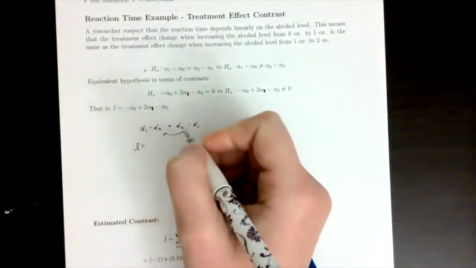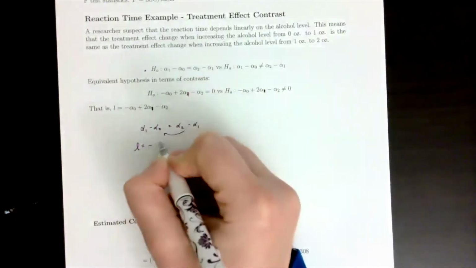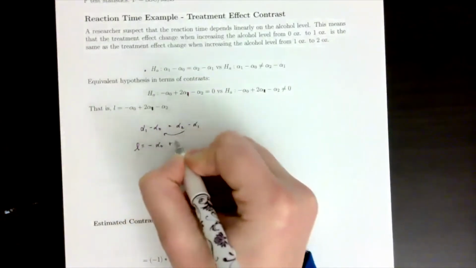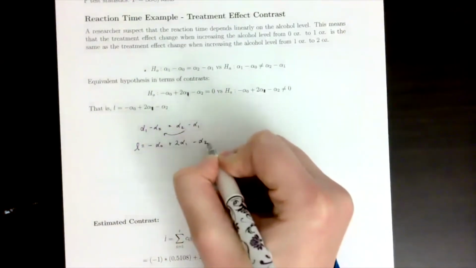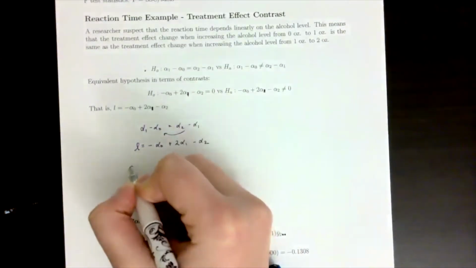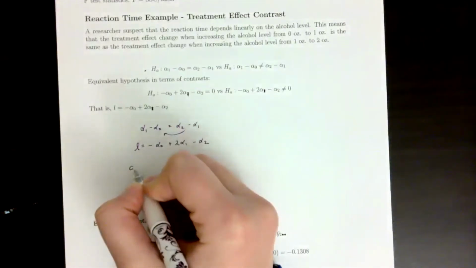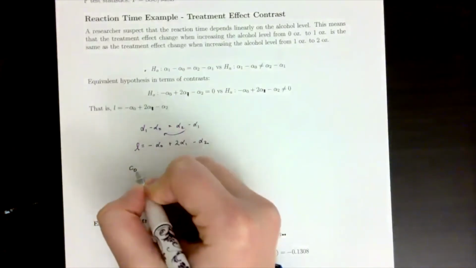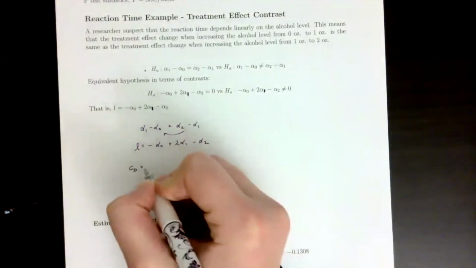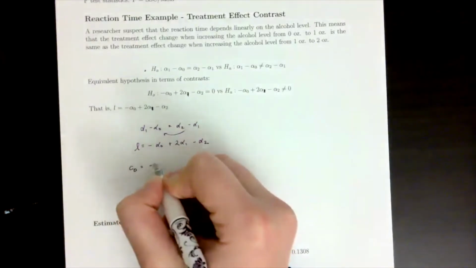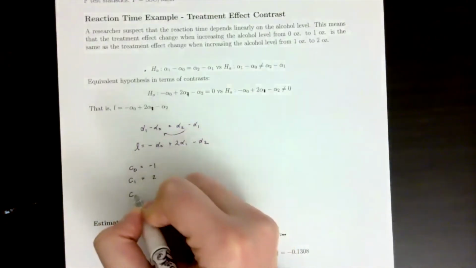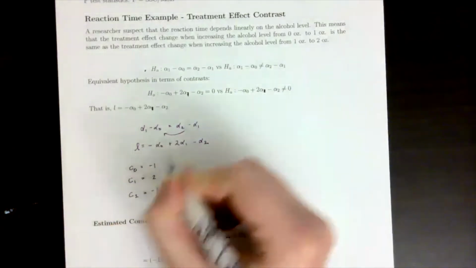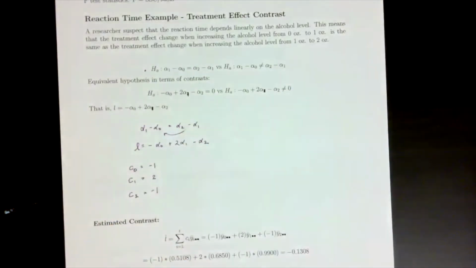And so when you do that, you will see that we're going to have a minus alpha 0 plus 2 alpha 1 minus alpha 2. And in this one, our contrast coefficient for the 0 level, or 0 ounces of alcohol, is minus 1. C1 is 2, and C2 is minus 1. Notice that they sum up to 1.